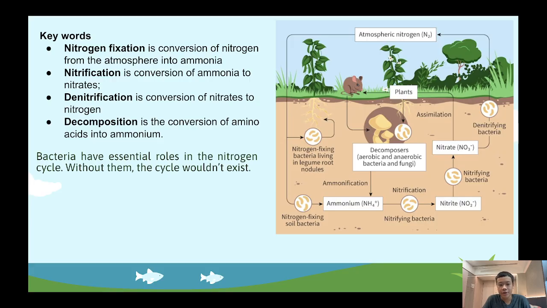Bacteria have essential roles in these nitrogen cycles, and without them, this cycle wouldn't exist. In the nitrogen fixation process, nitrogen-fixing bacteria are essential, and in the nitrification process, turning ammonium into nitrates and nitrites, these nitrifying bacteria are an essential part as well.